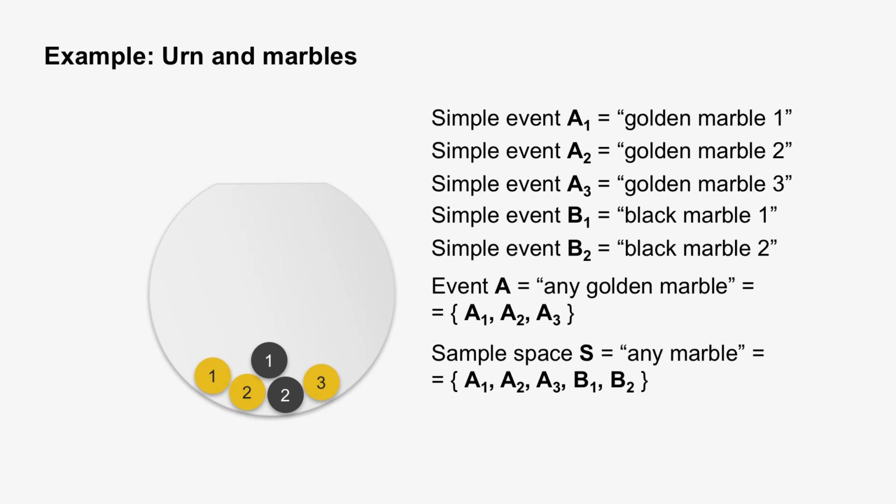We also need to define the sample space S as all possible outcomes, or any marble. In this case, in other words, the sample space is the collection or the set of all simple events. Now, the probability P of event A to occur is the number of elements in A divided by the number of elements in S, 3 divided by 5.